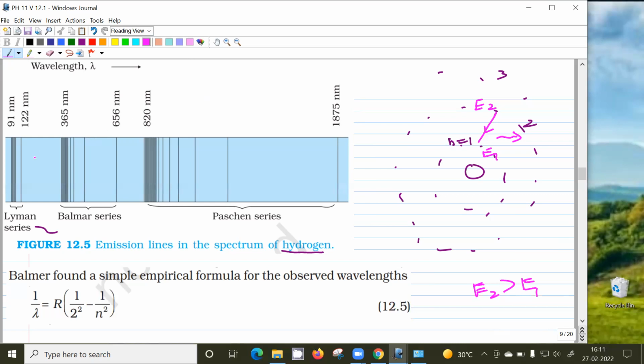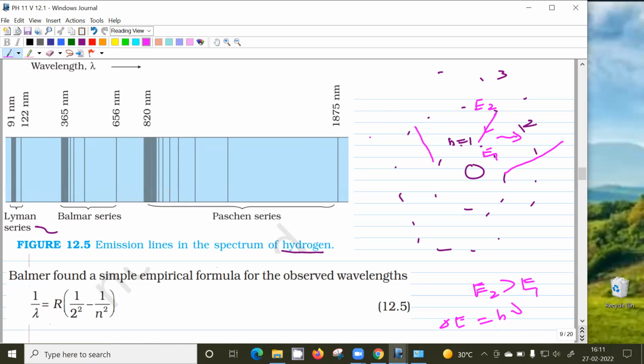This one line corresponds to one particular frequency. The energy difference delta E corresponds to h nu. A larger delta E means higher frequency or lower wavelength. So different wavelengths correspond to different levels. The delta E for this jump is different from delta E for that jump, so just by knowing this value, we will know from where to where it is jumping.